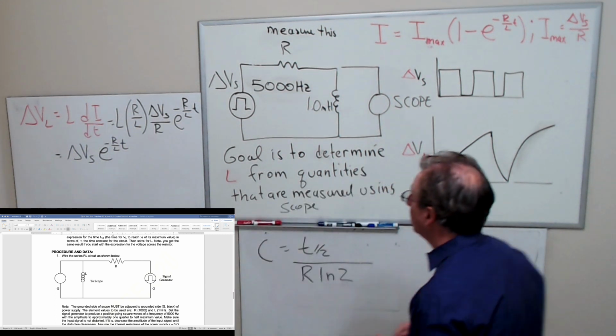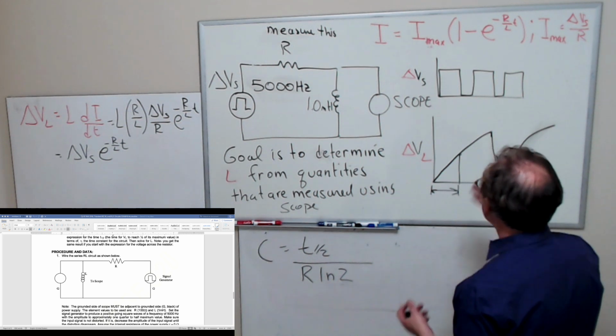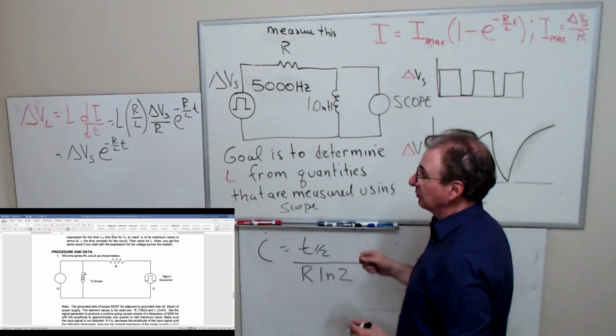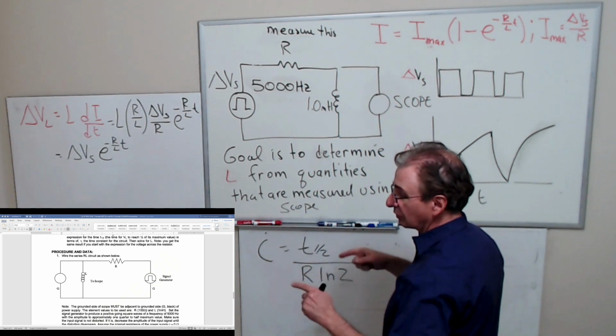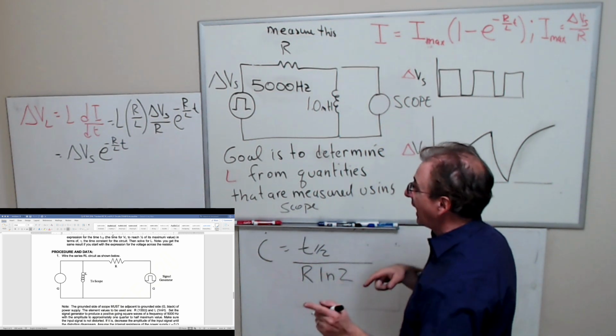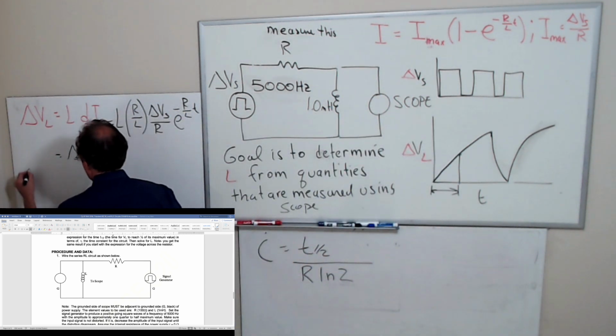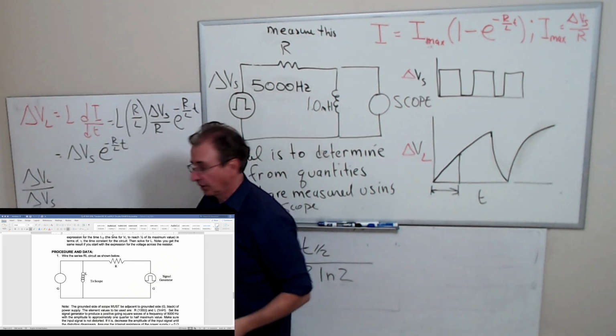Okay. So, what are we going to do? I'm going to ask the same question. At what time is the voltage across the inductor 1/2 its maximum value? Which means that I want delta V sub L over delta V sub S to be equal to 1/2.